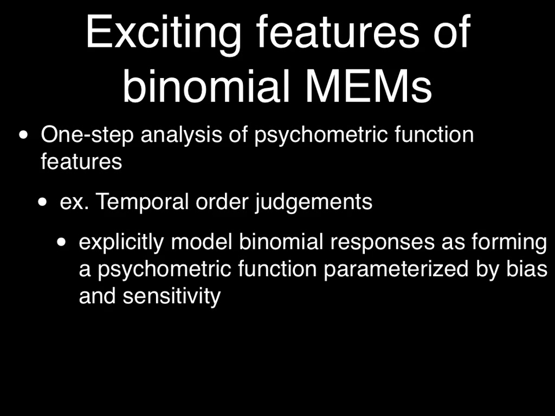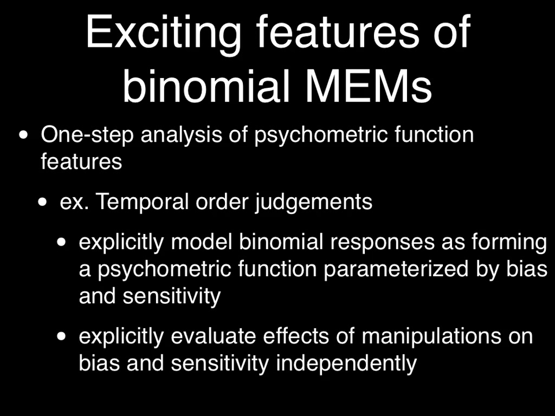But in mixed effects modeling world, you can explicitly model such binomial responses as forming the psychometric function parameterized by bias and sensitivity. So it's really nice and elegant. It takes the raw data and does all the work for you while properly treating the binomial data as binomial. And so, yeah, it allows you to evaluate the effects of manipulations on bias and sensitivity independently.